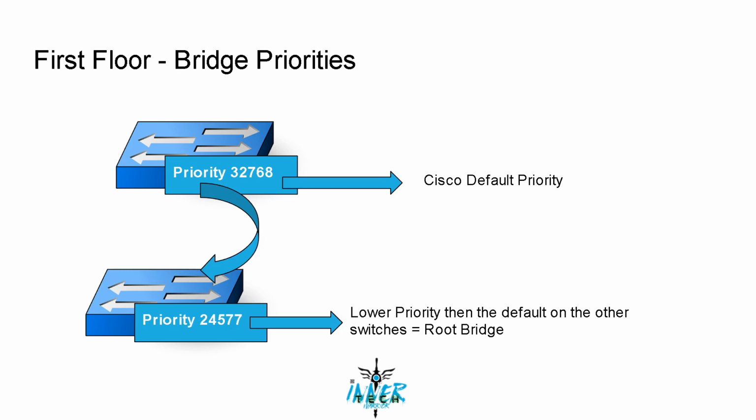To make S1 the root, its priority must be lower than the default 32,768. And 8192, or the current primary's priority number, which the macro set it to, is definitely lower than 32,768.